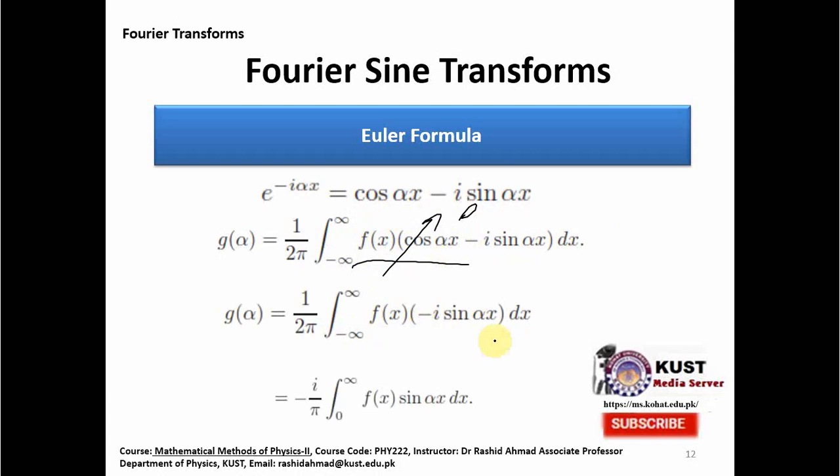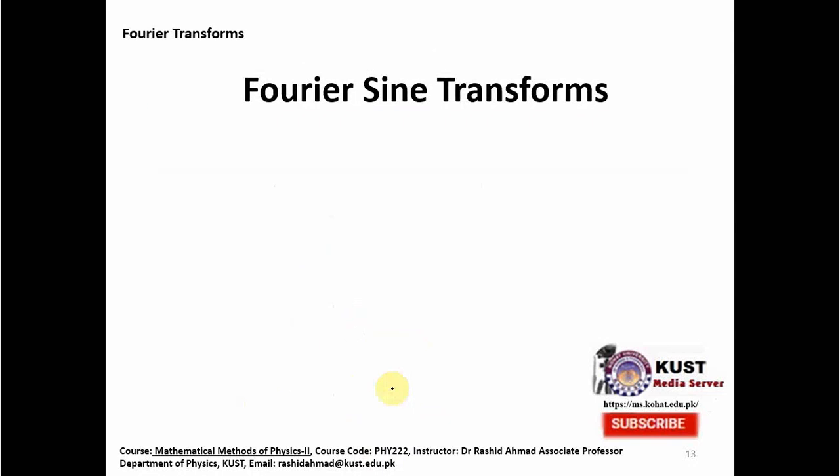Okay, so then we can bring the sign of minus outside the integral, and we can write this g of alpha into this form. And then if we replace alpha by minus alpha, remember the definition of the odd function, that whenever you replace alpha with a minus alpha, you get the negative sign.